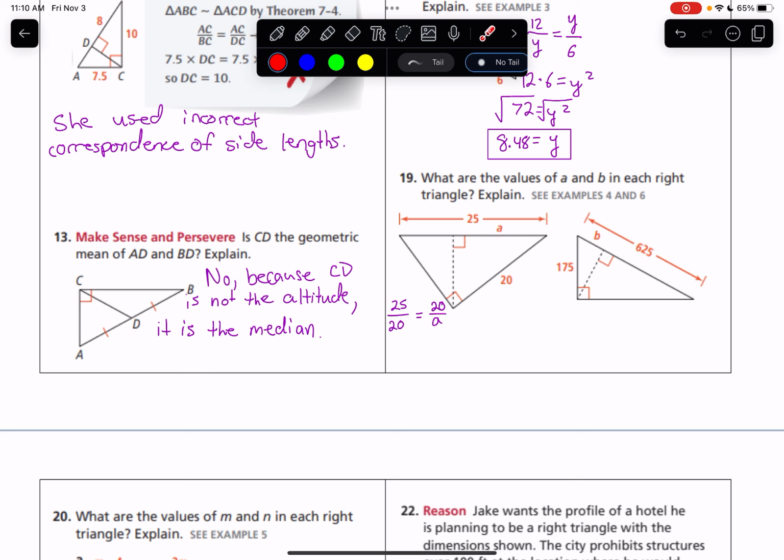And now I have a quadratic. So I'm going to need to solve this quadratic. So let's move everything to one side by subtracting 64. That gives me 2m squared minus 8m minus 64 equals 0. And then let's divide everything in this equation by 2, because everything is divisible by 2. And when I do that, I'm going to get a much simpler equation. m squared minus 4m minus 32 equals 0.